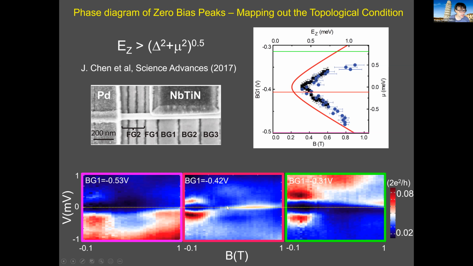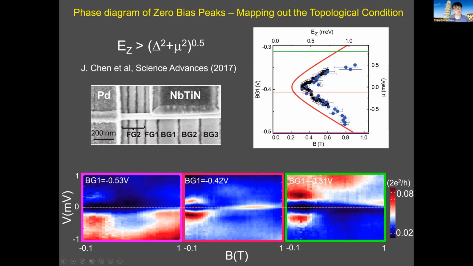So when you plot the onset fields of zero bias peaks at different gates and the onset gates of zero bias peaks for different fields, you can see that they form this shape. And it's comparable to this red square root shape that is a theory plot from the most simple basic theory. And there is a bit of an offset, which could be due to finite size.